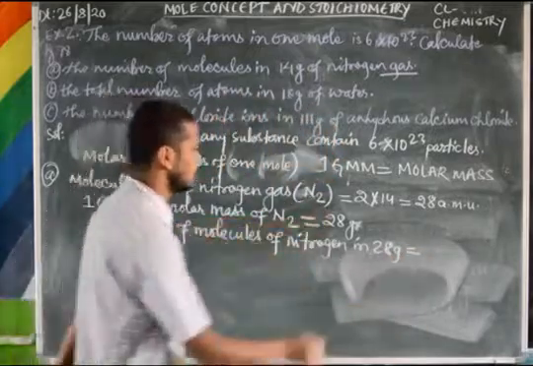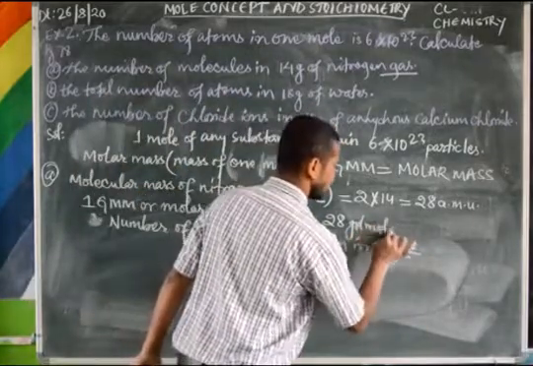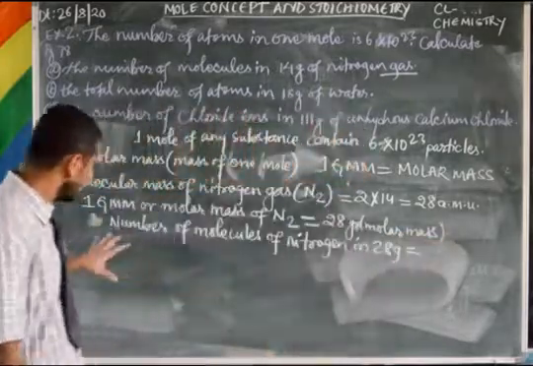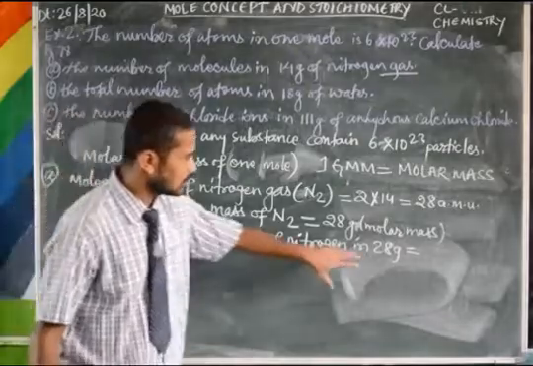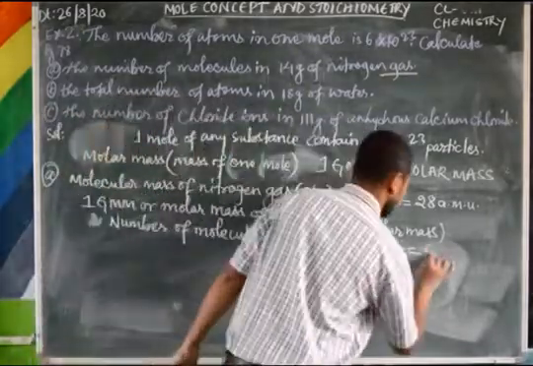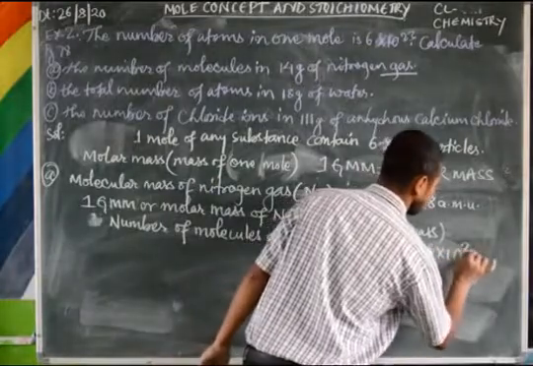Now this 28 gram is molar mass for nitrogen. That means number of molecules of nitrogen in 28 gram is how much? 6 into 10 to the power 23.